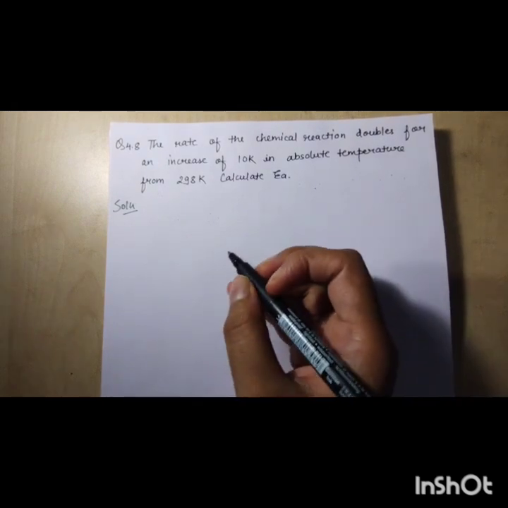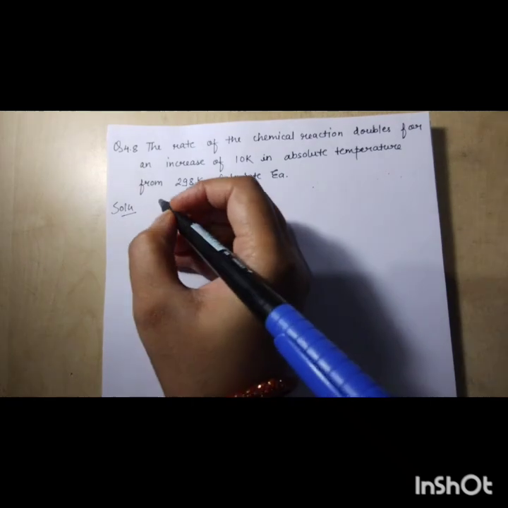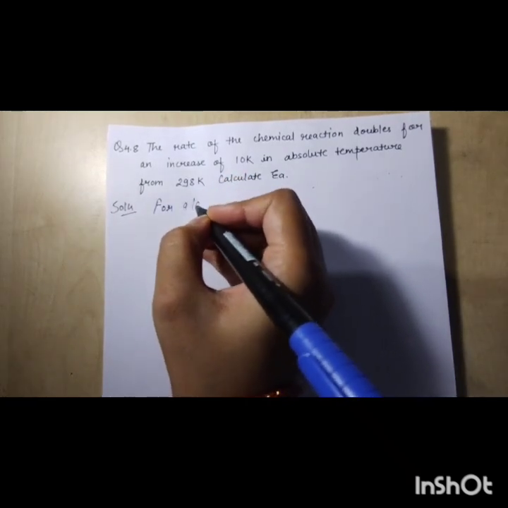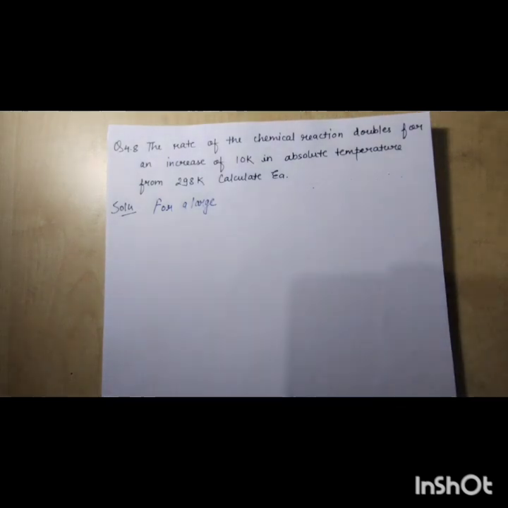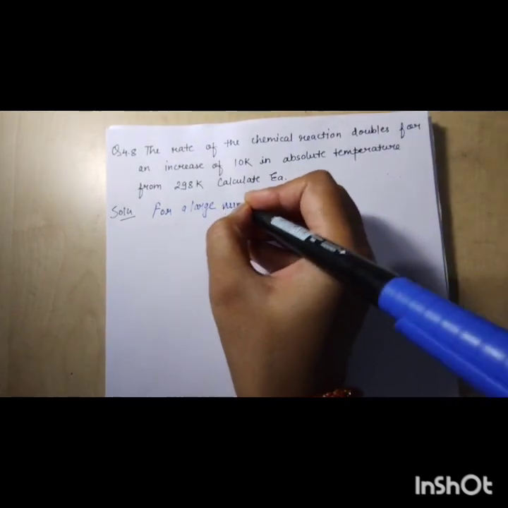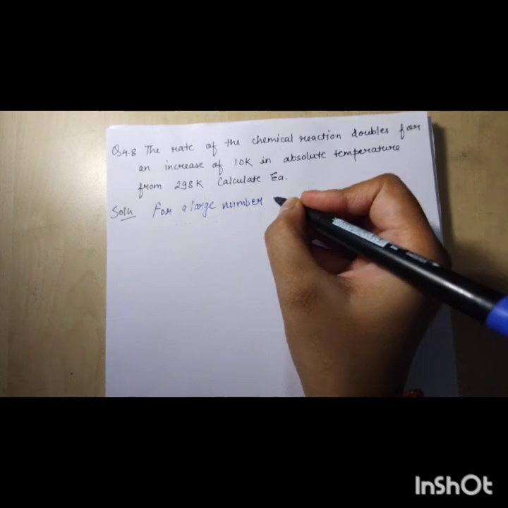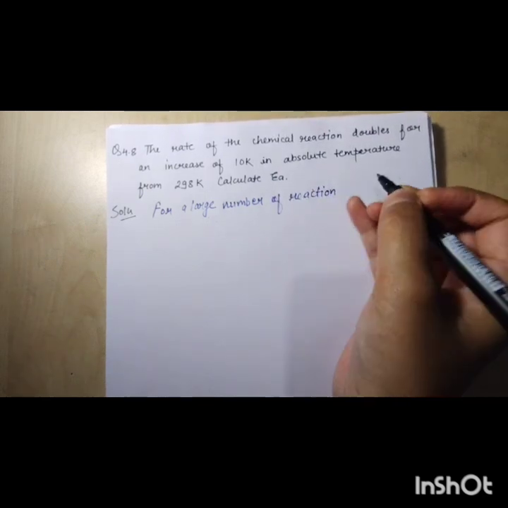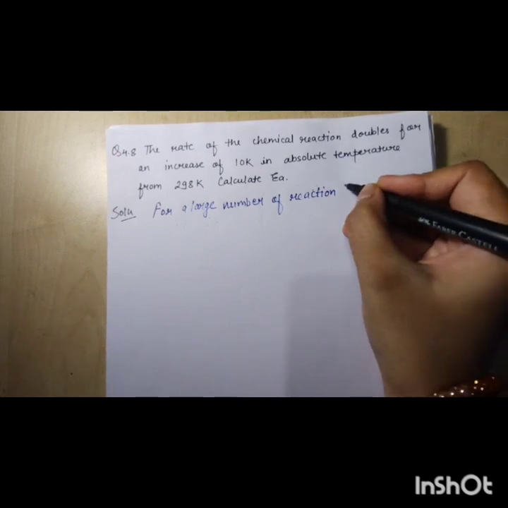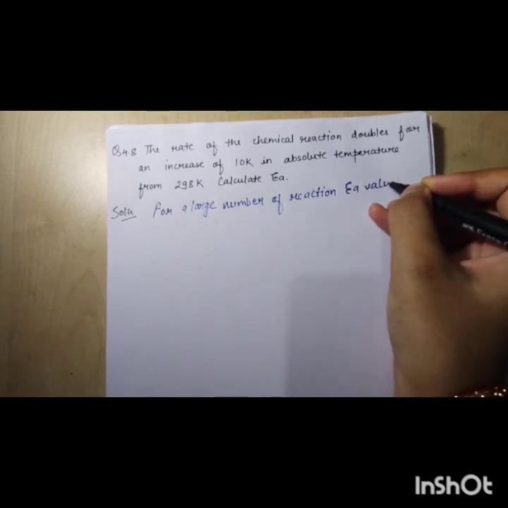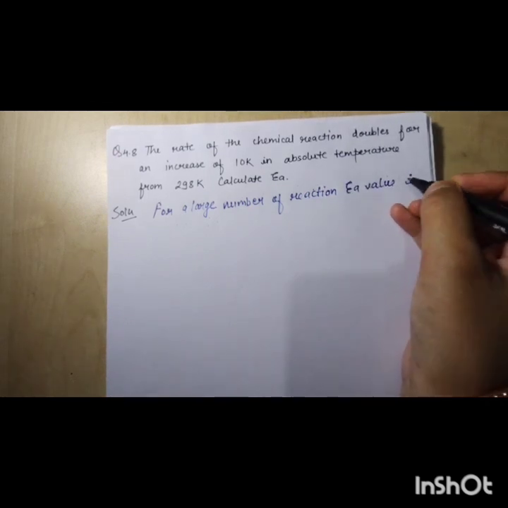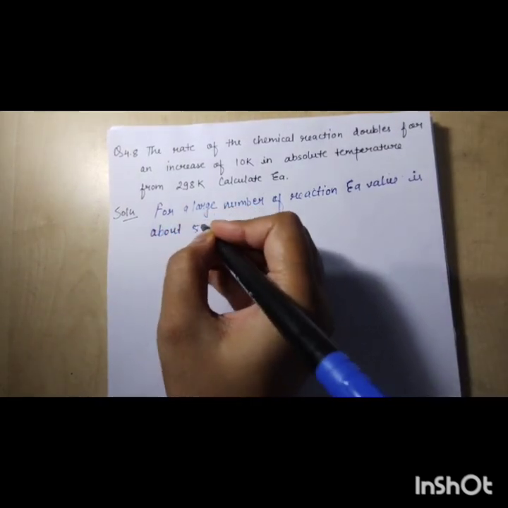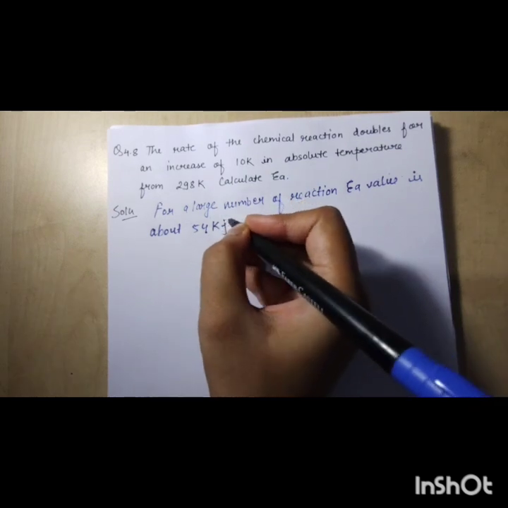So how to describe this? For a large number of reactions, the EA value is about 54 kilojoule per mole.